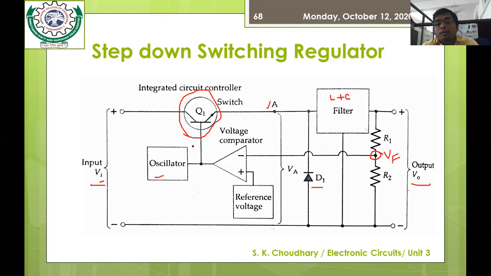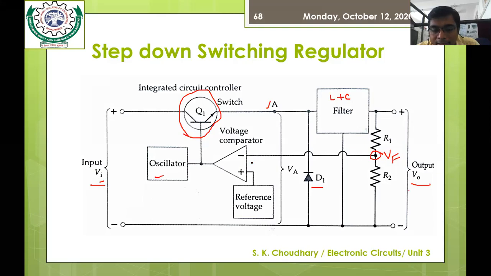A BJT acts as a closed switch in the saturation region and an open switch in the cutoff region. So it would switch between the cutoff and saturation regions to make the signal on and off. Remember, only in the active region would a BJT act as an amplifier. So we would not bias this transistor in the active region. We would always keep it either in the saturation region or in the cutoff region.